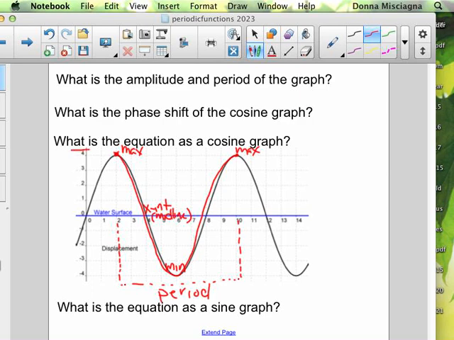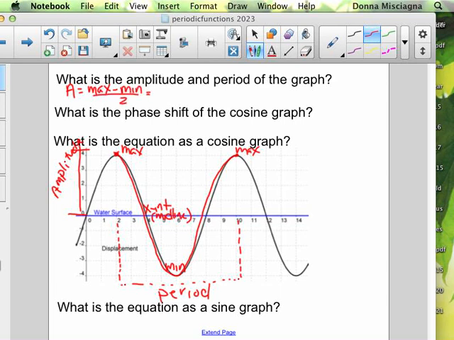This represents the amplitude. We're going to calculate this out as well as identify it from the graph. Amplitude is the max minus the min divided by 2.